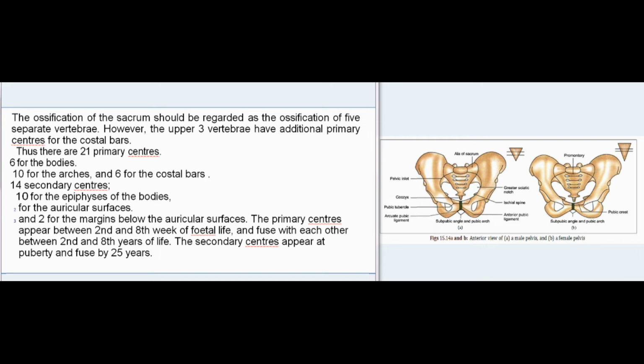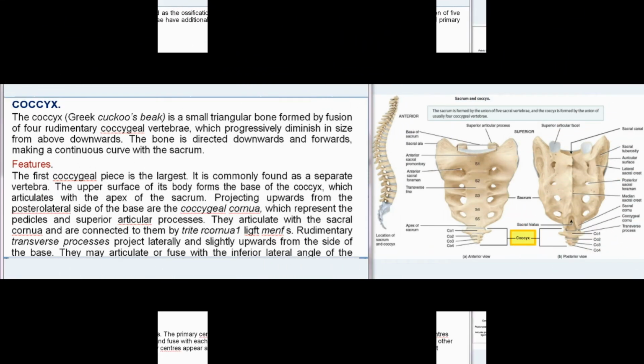There are 14 secondary centers: 10 for the epiphyses of the bodies, 2 for the auricular surfaces, and 2 for the margins below the auricular surfaces. The primary centers appear between the 2nd and 8th week of fetal life, and fuse with each other between the 2nd and 8th years of life. The secondary centers appear at puberty and fuse by 25 years.